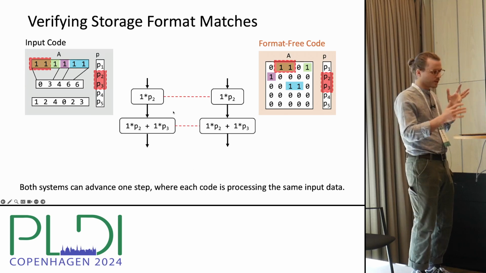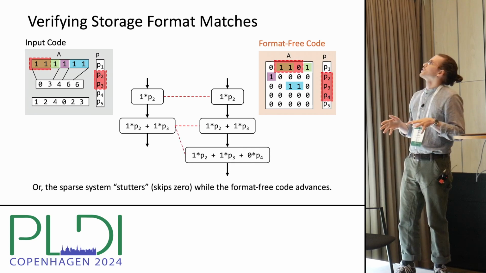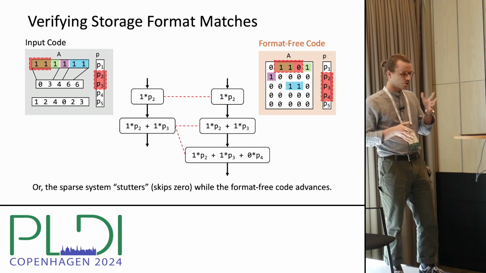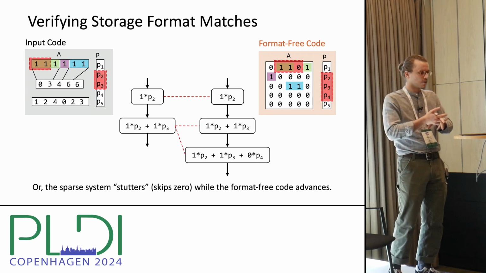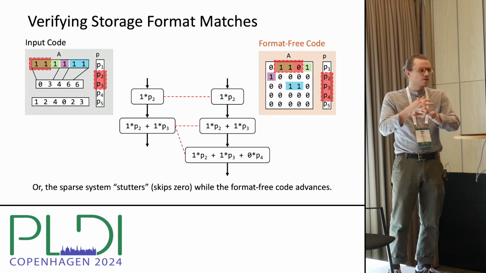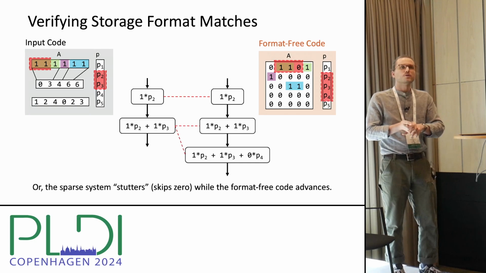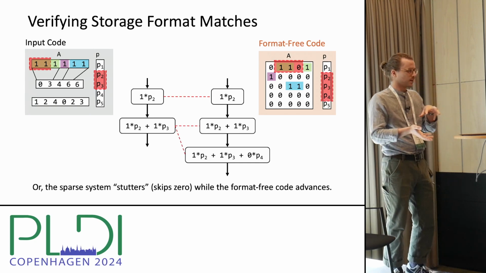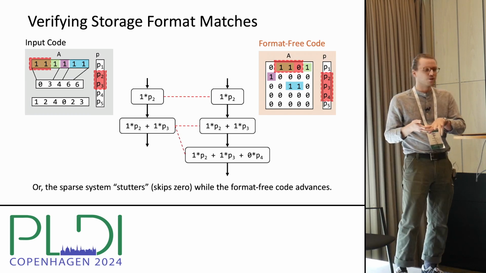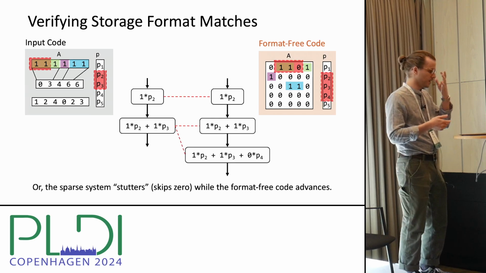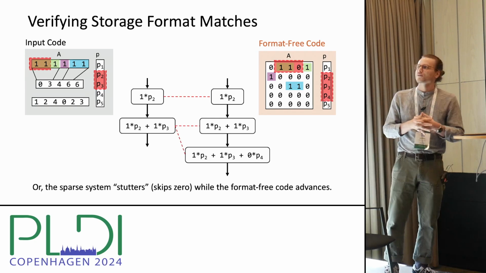But the sticking point is when you have this kind of thing happen, which is the dense version of the code is processing all of the elements, including 0 elements, not just non-zeros. But the input code is sparse, and so it's allowed to skip 0 elements. And we have to be able to relate these skipped states back to the dense version of the program. In transition system terminology, that's called stuttering.